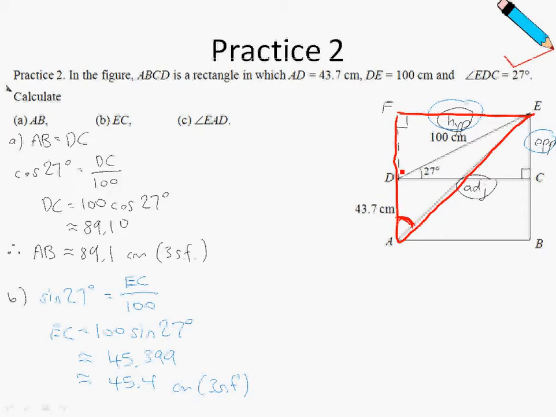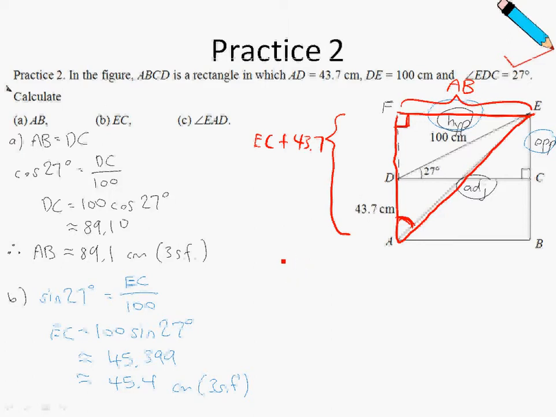You can see that this triangle is a right angle triangle. I just need to find two of these sides. So first and foremost, the distance FA is given by EC plus 43.7, and the distance FE is the same as the distance AB.